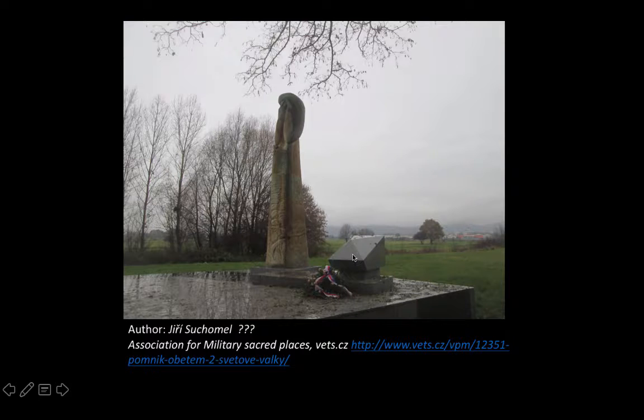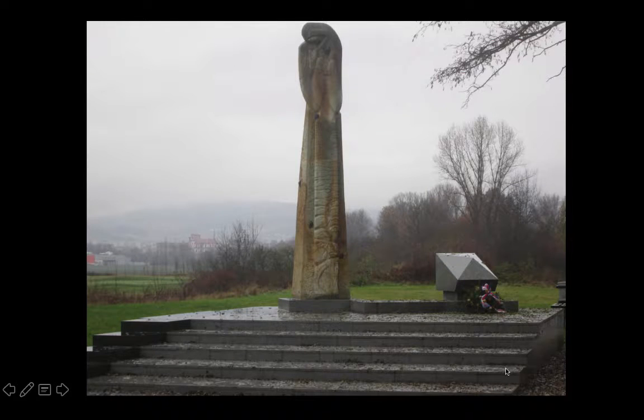This is a commemorative urn made out of granite. So I continued to walk around the sculpture and view it and take pictures from all the sides and angles. You can see there are steps leading up. It sits on a not very high platform, but it is a little bit elevated.